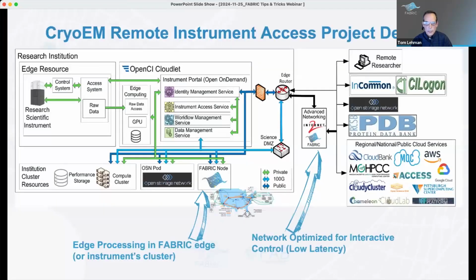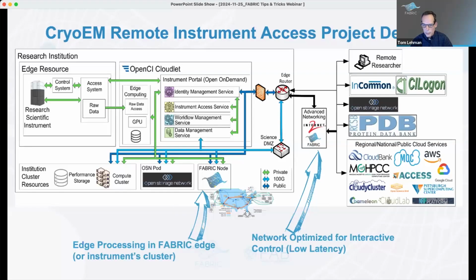If we look at the Cryo-EM remote instrument, this is at Rutgers, and there's an entire workflow to talk about in detail, but from a Fabric perspective, you can see there's a Fabric node at Rutgers, down here on the bottom center. That could be used for edge processing, getting information from the instrument at a very close location because it's in the same facility, the same campus, and doing on-site edge computing.